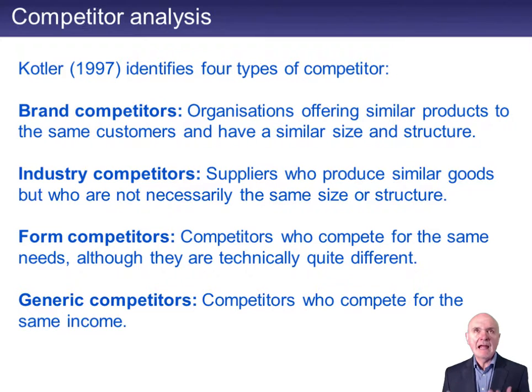If you think about an airline, we're really looking at competition between what you might call equivalent brands. So under brand competitors, we have competitors offering similar products to the same customers with the same size and structure, something like British Airways, KLM, Lufthansa, maybe American Airlines.